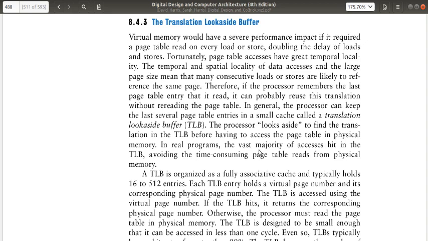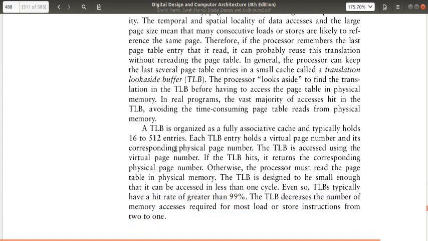So to avoid that, we use a mechanism similar to a cache called the translation look-aside buffer. In a translation look-aside buffer, typically there will be 16 to 512 entries. It is not such a big memory. It is a small memory having a maximum of 16 to 512 entries only.